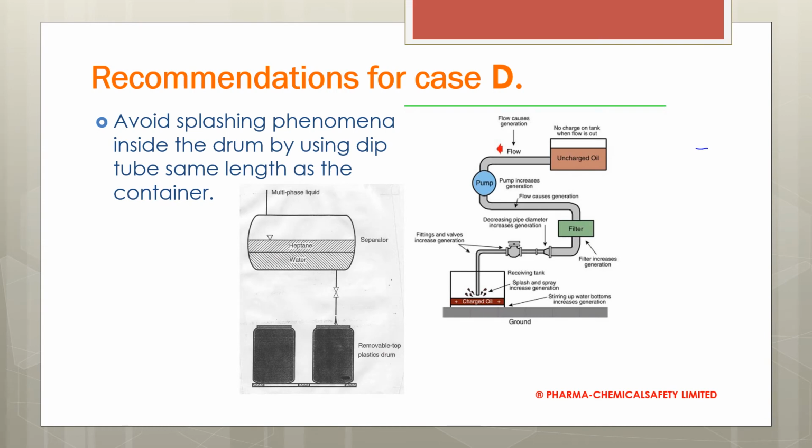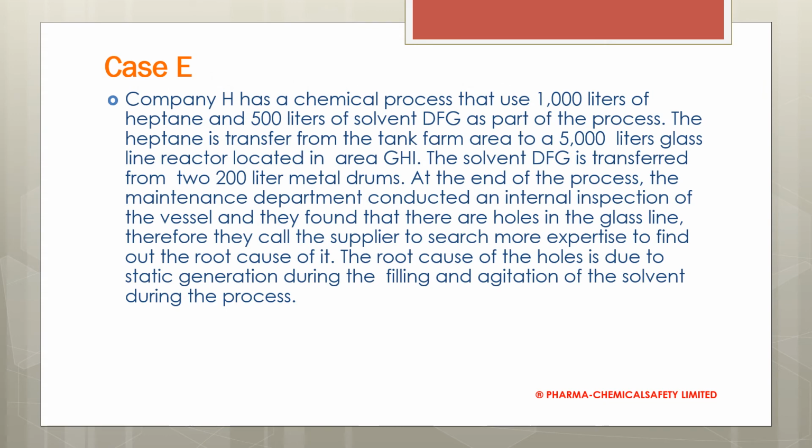Recommendations for case B: avoid the splashing phenomena inside the drum by using a dip tube the same length as the container, because with splashing you have more vapor generation of the flammable liquid, and it's also hard to dissipate the static. NFPA 30 has the maximum flow rate that you need to use. Let me see if I put it here. No, I think it's 4 liters per minute, something like that.